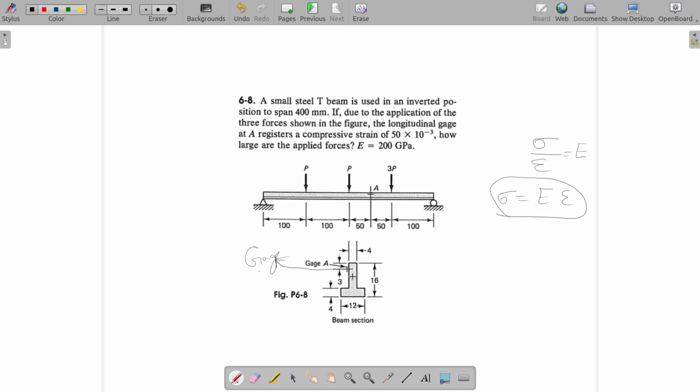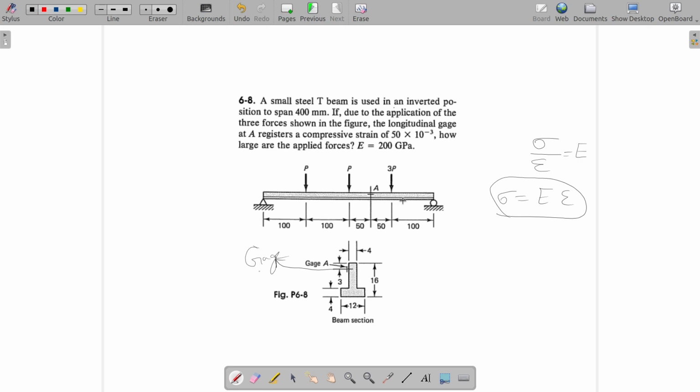So you will get the value of stress at that point from the compressive strain. So if the strain is compressive, you can guess what kind of stress it will be. The magnitude will be obtained from Hooke's law.